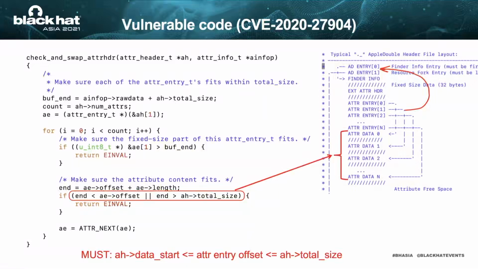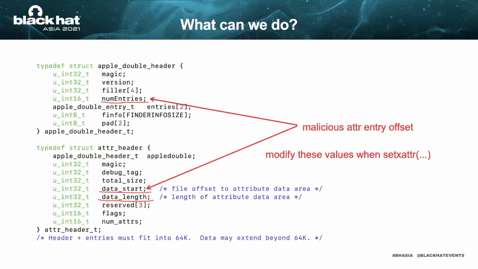It must be located in the valid data area too, that is between data start and data end specified by the header. When offset is less than data start, attribute data will overlap with the previous data structure, such as struct AppleDouble header or struct attr header.